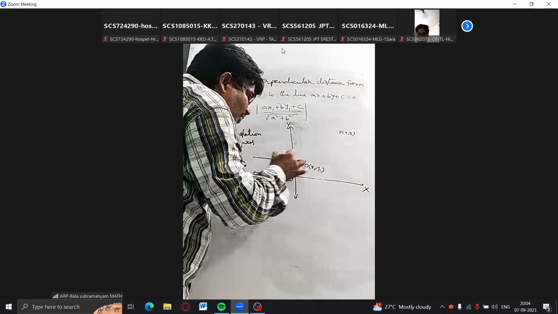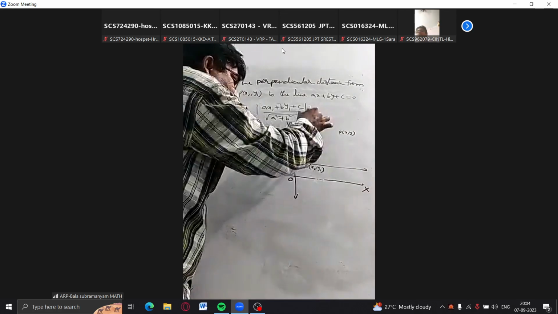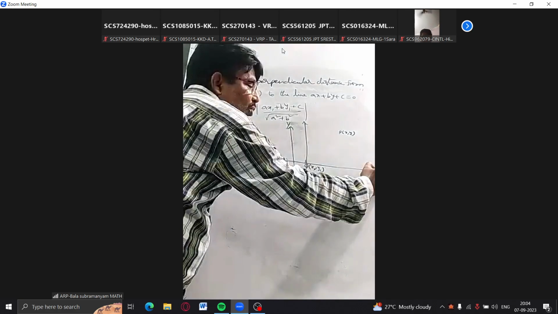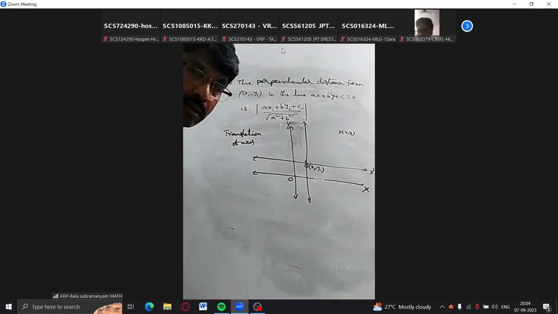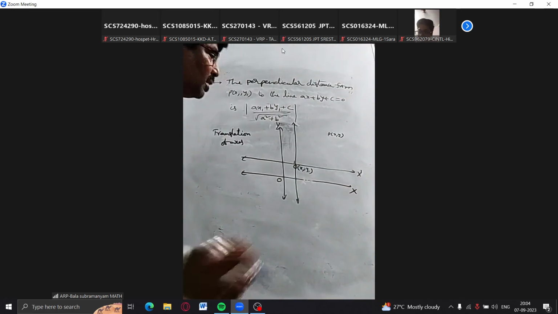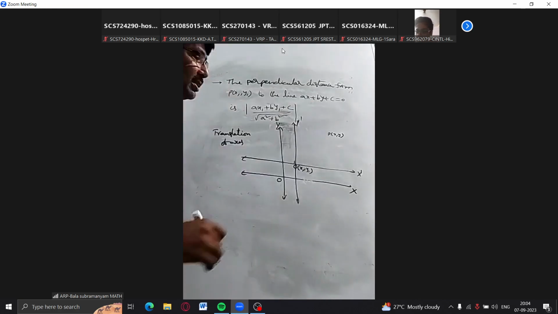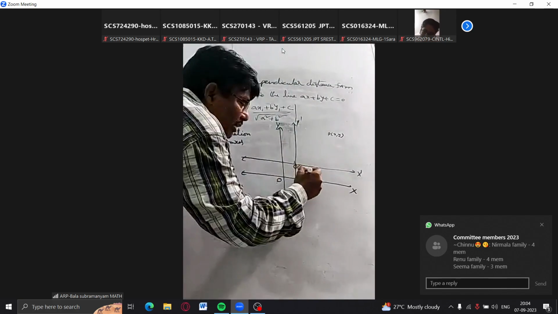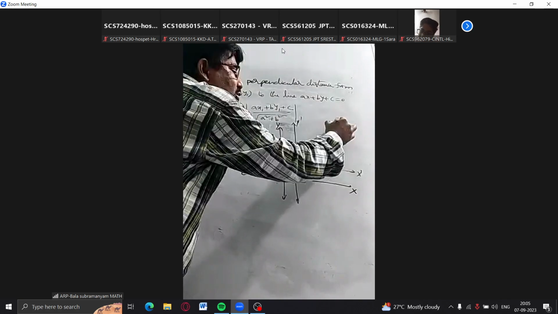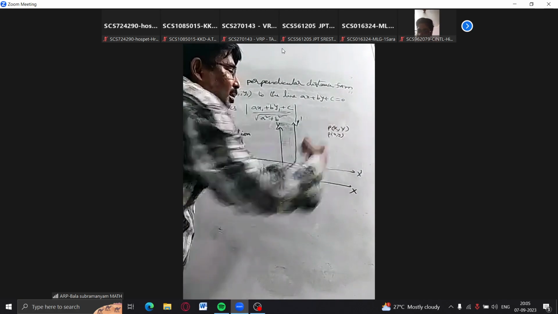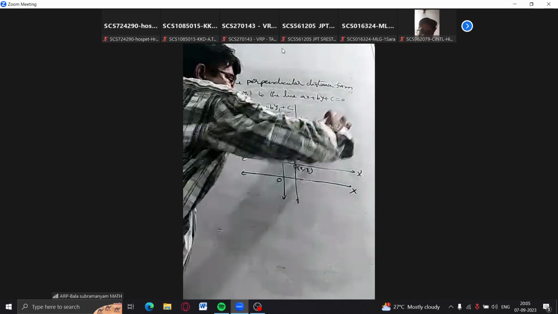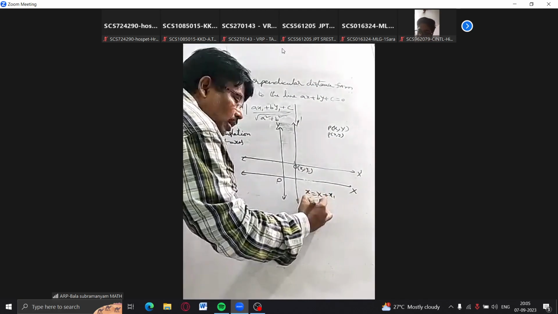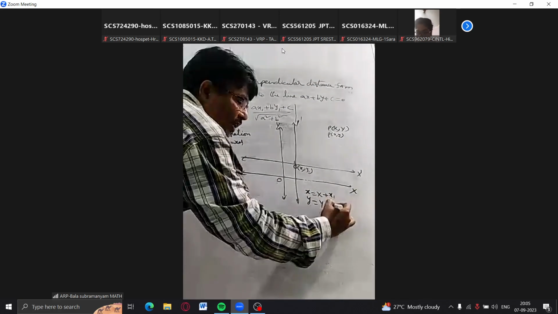The new axes are x dash and y dash. The origin changes from 0 comma 0 to x1 comma y1, and P also changes to new coordinates capital X comma capital Y. So the relation is small x is equal to capital X plus x1 and small y is equal to capital Y plus y1.